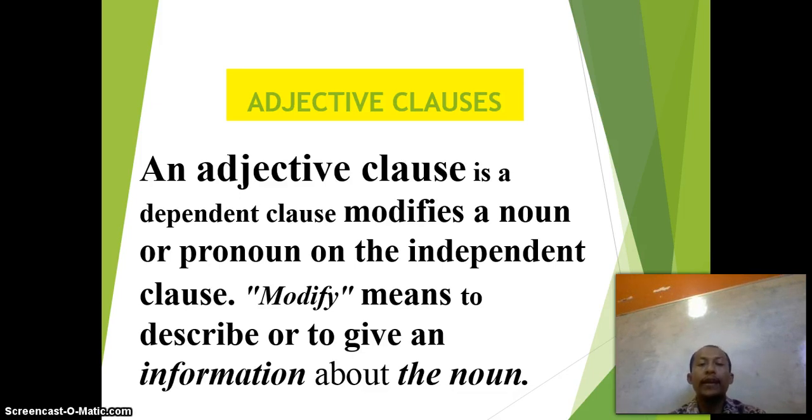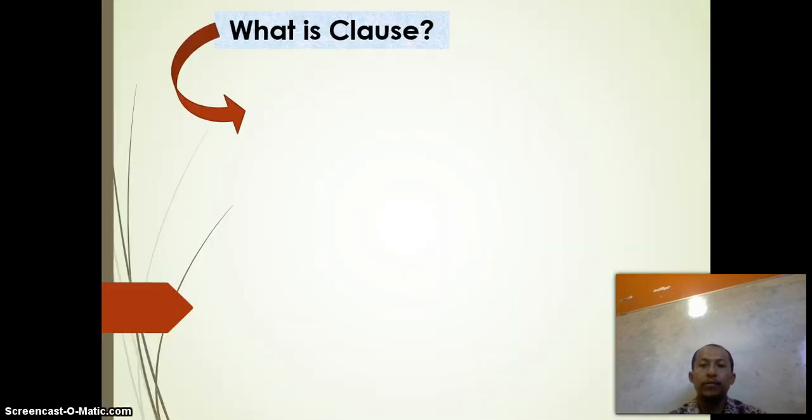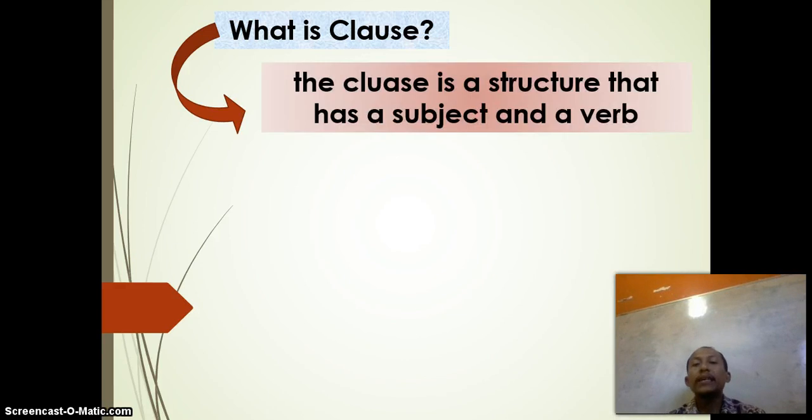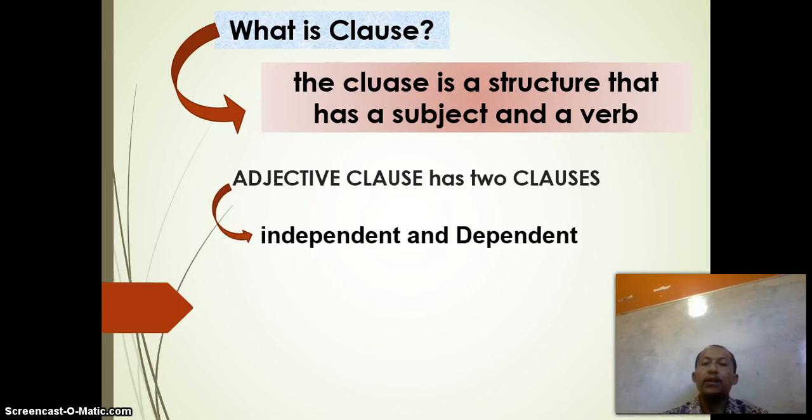So we have independent and dependent clauses. What is a clause? A clause is a structure that has a subject and a verb. An adjective clause has two clauses: independent and dependent clauses.